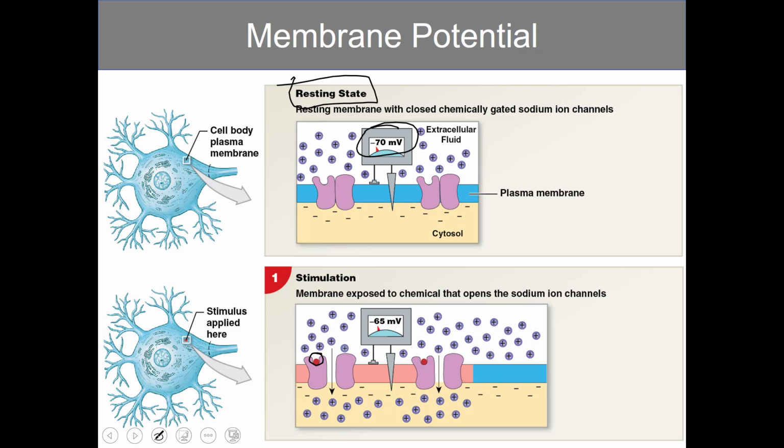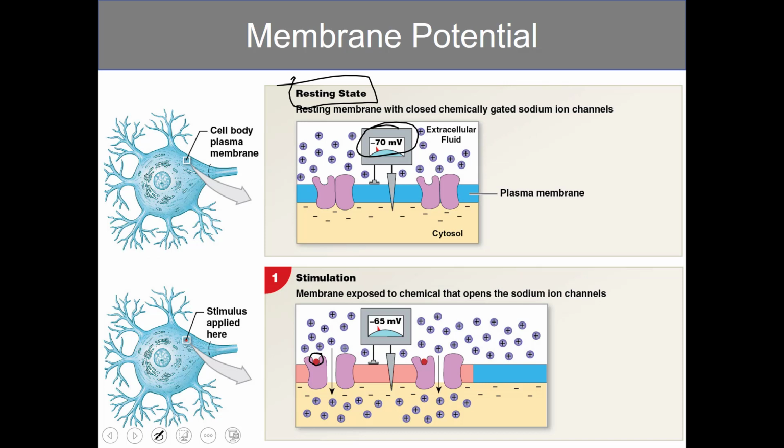Again, why is sodium rushing in? Because there is a chemical gradient pushing sodium toward equilibrium. So sodium wants in to reach a state of equilibrium, but it's also going to be driven by the electrical gradient. Sodium is positively charged and it wants in because it is negative inside relative to out.